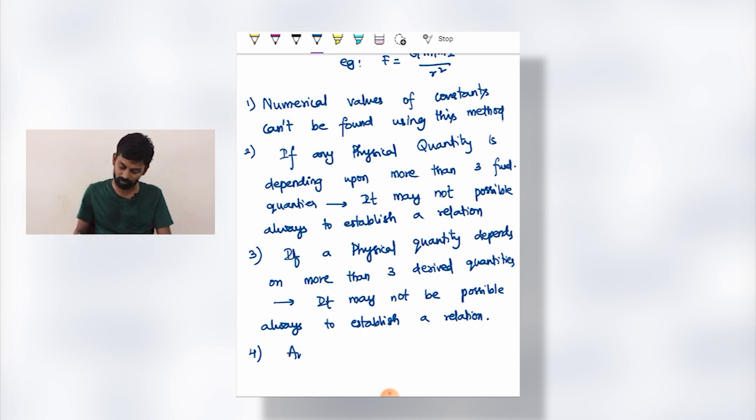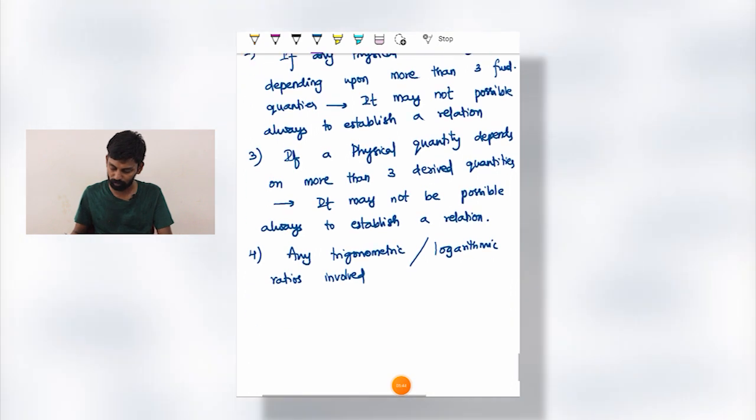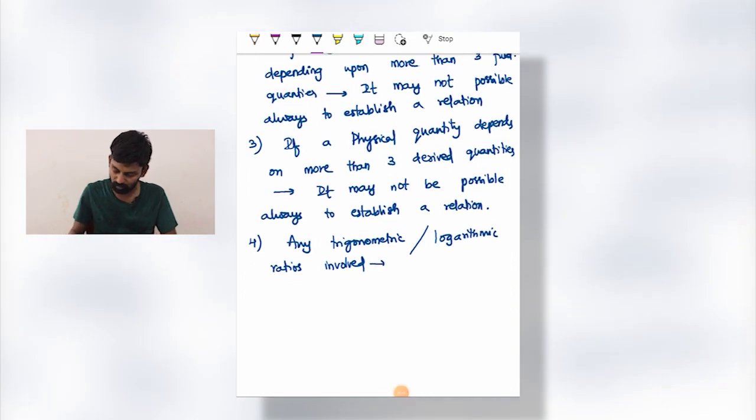Any trigonometric or logarithmic ratios involved cannot be found in this dimension analysis method.